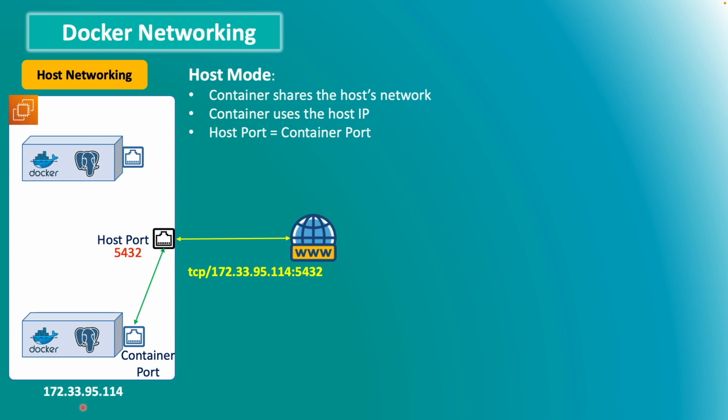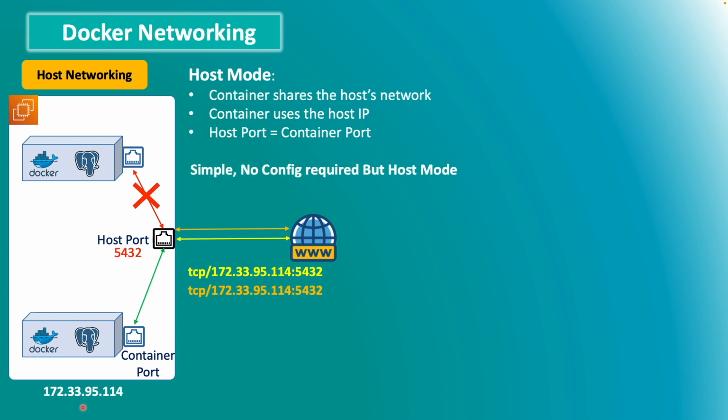For the second container also, the IP address will be 172.33.95.114 and it will share the same host port. As a result of this IP and port sharing, ingress traffic for the second container will not be able to reach because the host port is already in use.